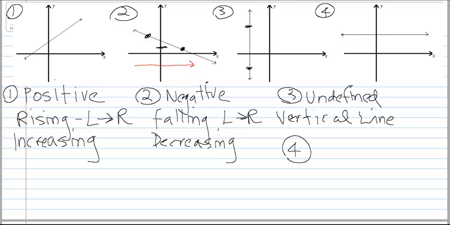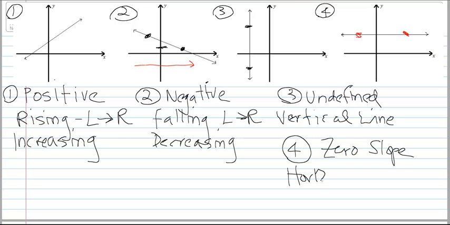Then our last situation over here is this line. I'll put a couple of points on that line. It doesn't matter where the points are on that line. You'll notice that that line is a completely flat line. And in this case, we say we have zero slope. That's a horizontal line.